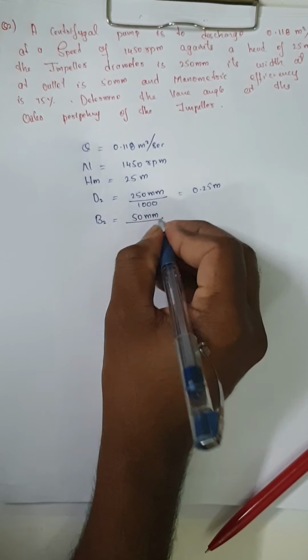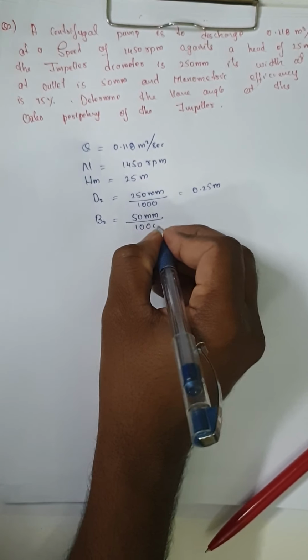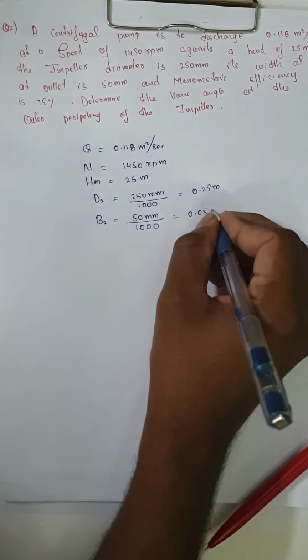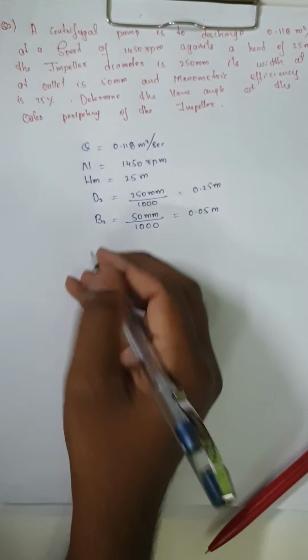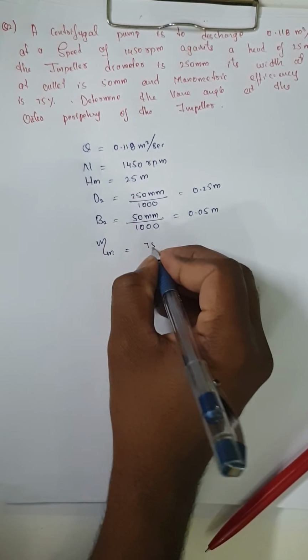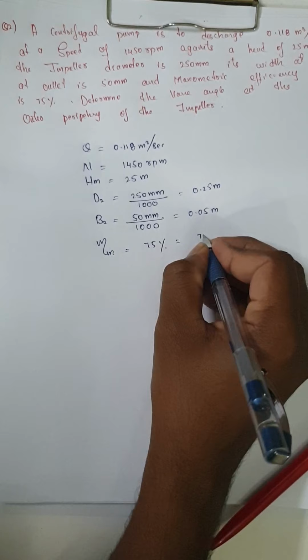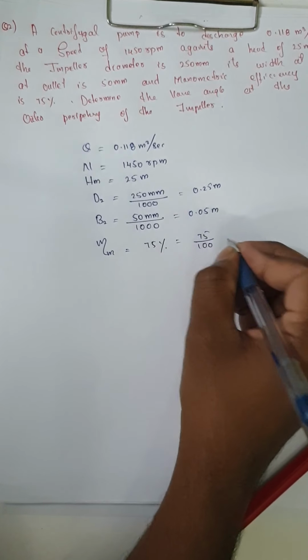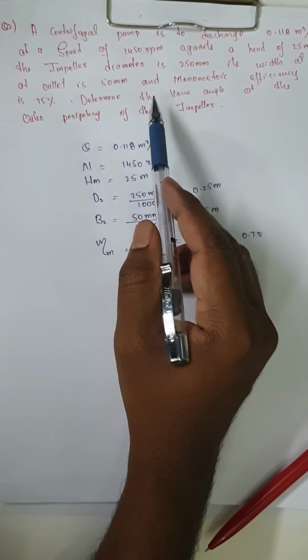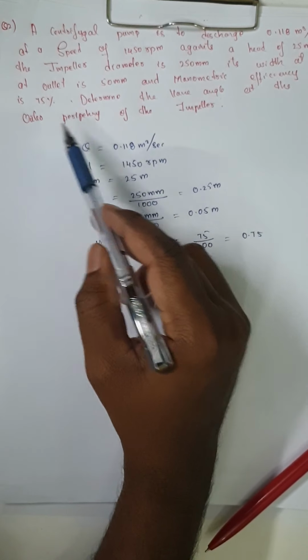Here also it is given in mm, so you divide by 1000, and it becomes 0.05 meter. And the manometric efficiency is given as 75%. So 75 divided by 100, that is 0.75.